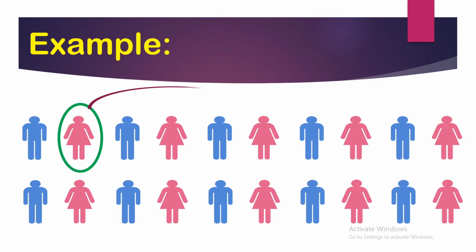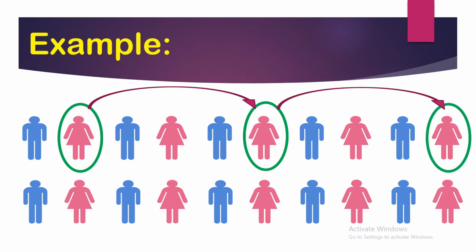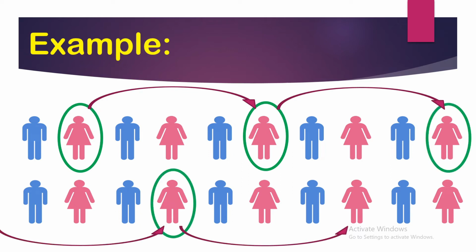So we have 1, 2, 3, 4. Then we have this one. 1, 2, 3, 4. So we have this one. 1, 2, 3, 4. We have this one. And of course, 1, 2, 3, 4. So we have this one. So we now have here 5 samples. That is an example of choosing a sample using systematic sampling.